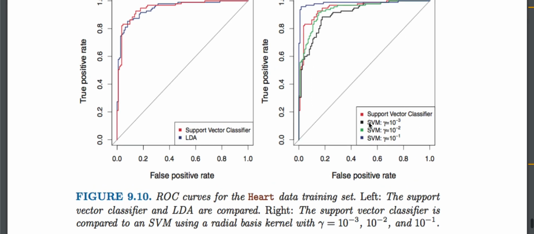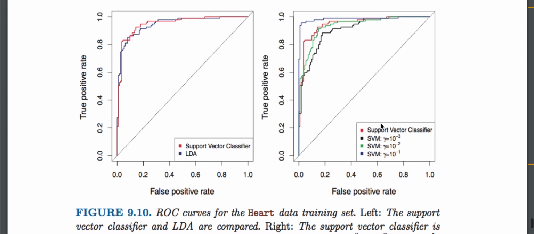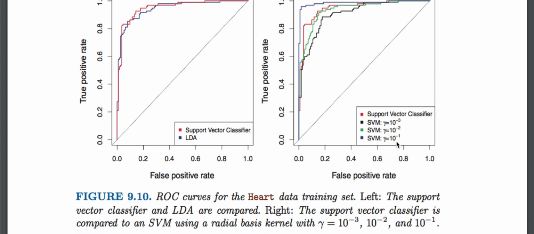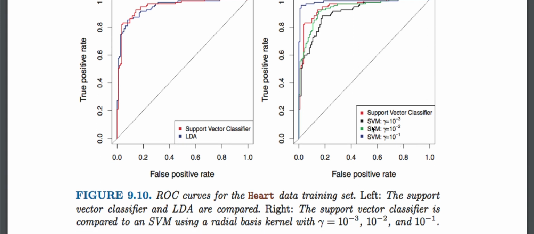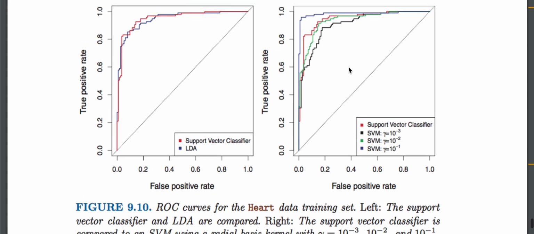But when we are talking about a nonlinear support vector classifier, which is essentially a support vector machine, then you can see that the performance will be different depending on what gamma is. So here gamma equal to 10 to the power of -1 performs better than all other gammas we have here and the support vector classifier.